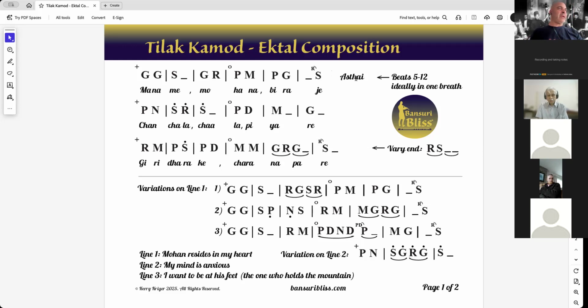So with that being said, what else do we need to know? Din din dage trekka tuna cut dage trekka dina is what we're going to hear when we hit play. Not in Tintal though. We're going to switch this up to Ektal.